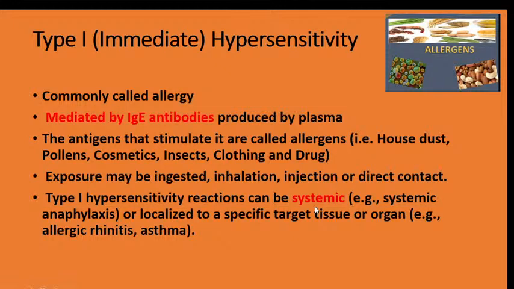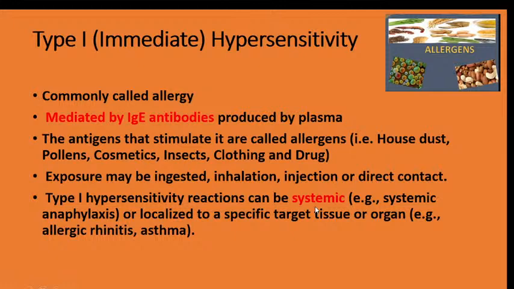For example, inflammation of the liver or kidney. Also, for example, allergic rhinitis or asthma. You will have a watery nose or asthma. That means the respiratory system is affected when you are exposed to these antigens.